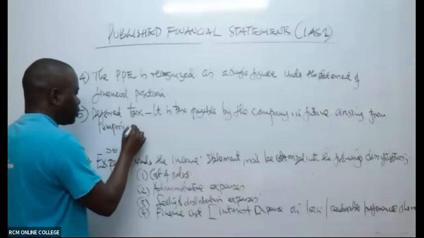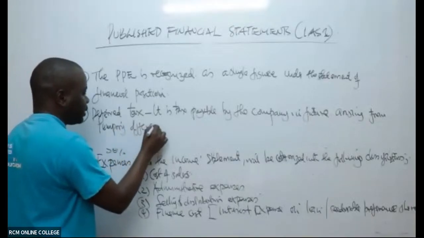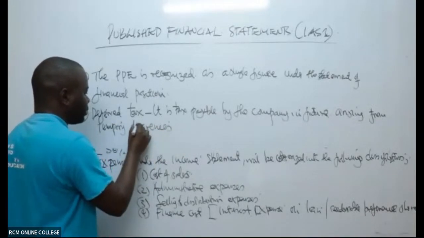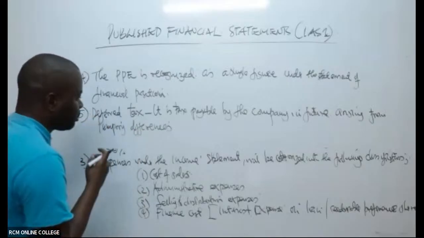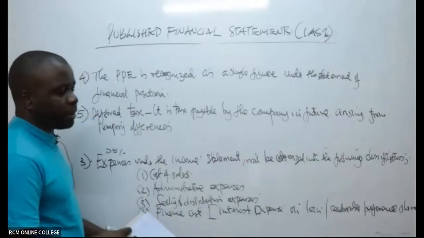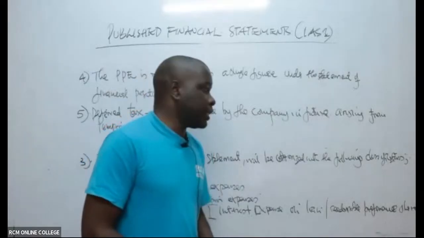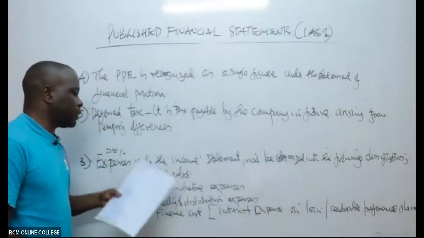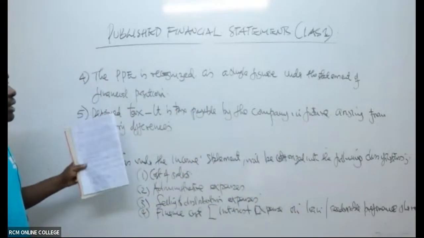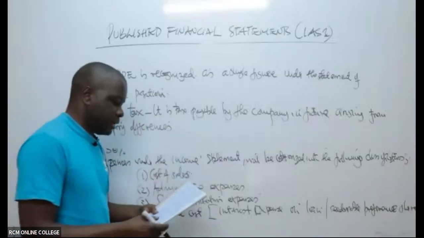I don't know if you can recall how we are coming up with the temporary differences. You need to go back to that topic and remind yourself. We take the carrying amount minus the tax base. Then to get the deferred tax, we took 30% of the temporary difference, or the tax to be claimed in future.